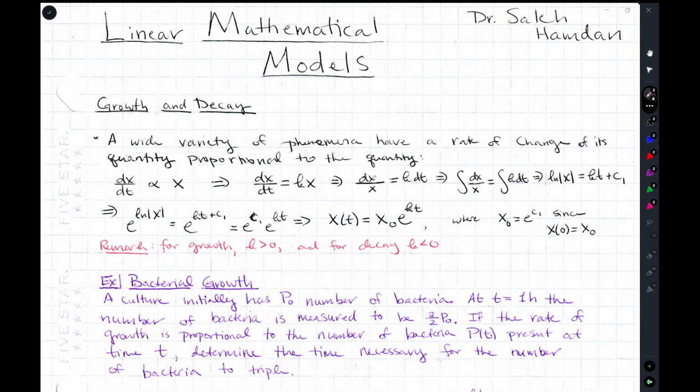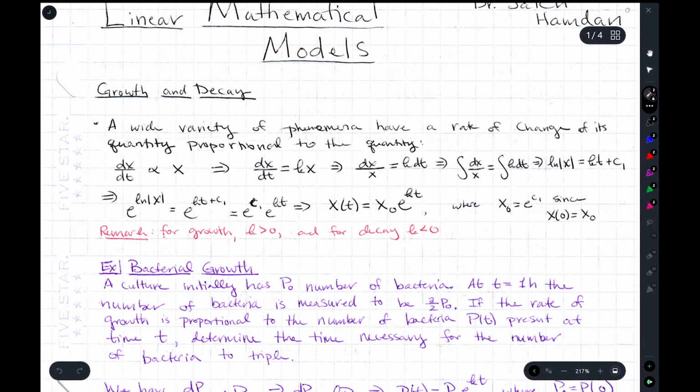So we'll start by looking at growth and decay, focusing on exponential growth and decay. So a wide variety of phenomena could be modeled by the simple relation that the first order rate of change of a quantity is related to how much of that quantity there currently is.